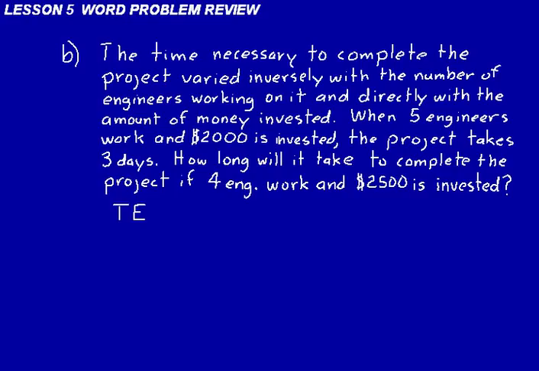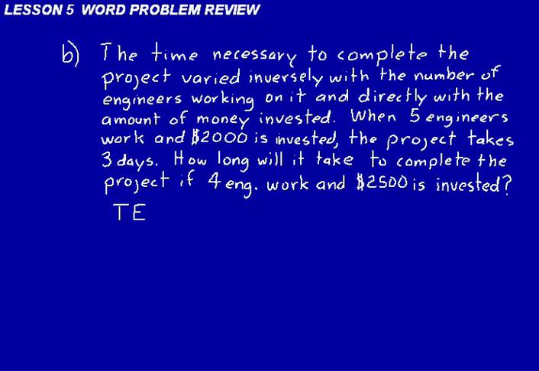What we need to assume here, since it didn't give us any different kinds of rates or anything, we'll assume that the rate is the same all the time for each group of time, engineers, and money invested. So time varies inversely with the number of engineers and directly with the amount of money invested.